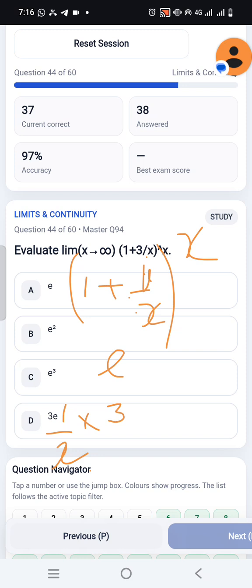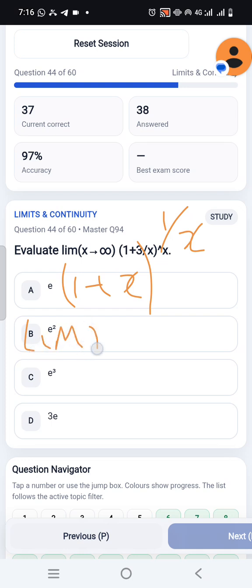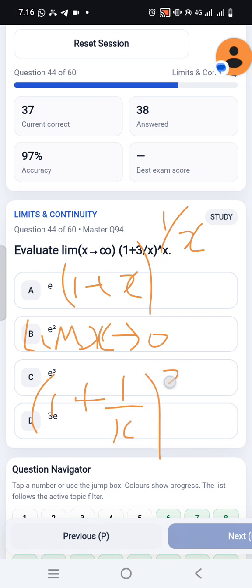Okay, let me do it like this to make it easier for me. We have two definitions of e, so I can use the second one. The second one says that when you have (1 + x) raised to power 1/x, the limit as x tends to 0 is actually e, right? Do you get it? The only difference is that for the first one it is (1 + 1/x)^x.